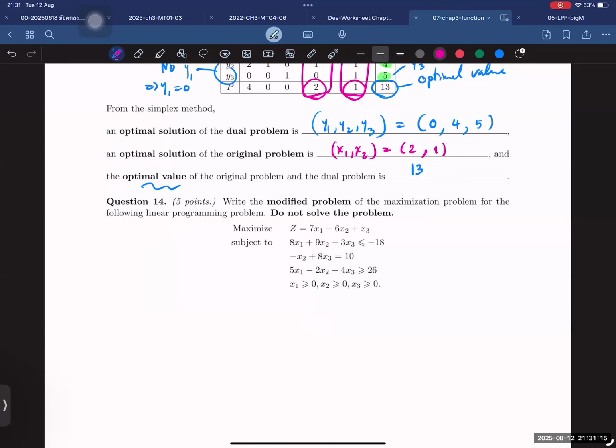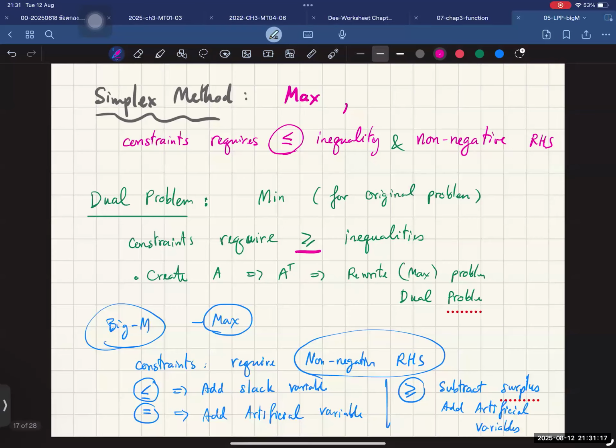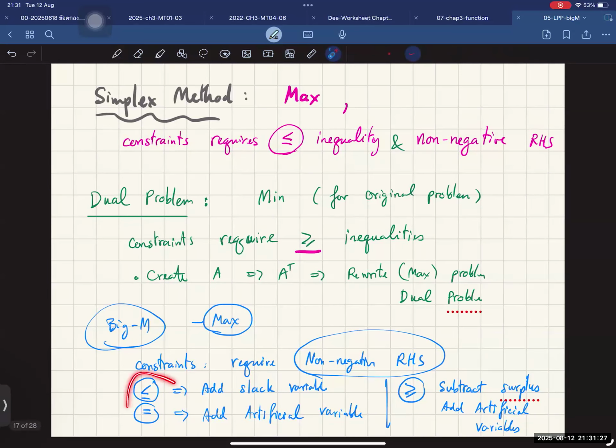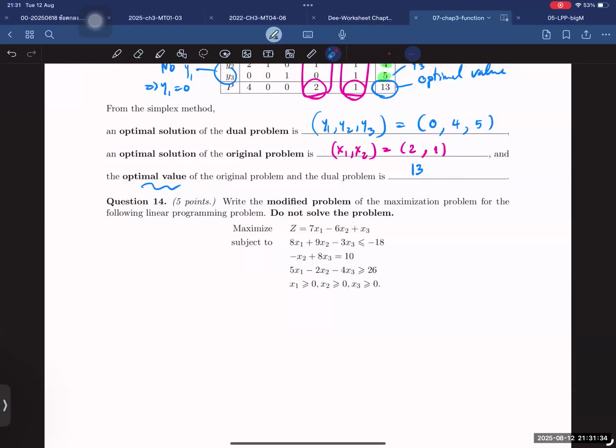Okay, let's review the big M a little bit. In the big M, all constraints must be non-negative on the right hand side, but the inequality on the constraint can be anything, and we can add the slack variable or artificial variable. All we need is positive on the right side, so this one we need to modify, right?